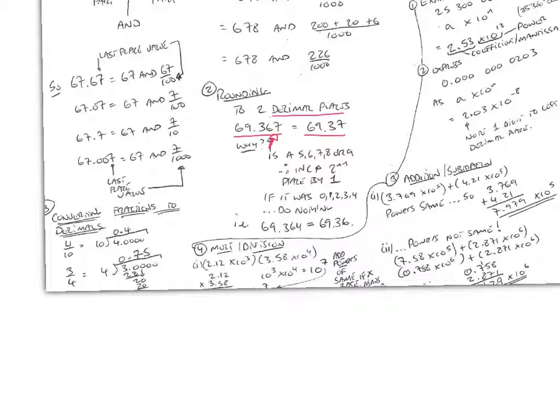If it's a 5, 6, 7, 8, or 9, then we increase the second place after the decimal point by 1. But if the third value is 0, 1, 2, 3, or 4, then we do nothing. So 69.364, this is a 4, so we do nothing to the 6, it's 69.36.